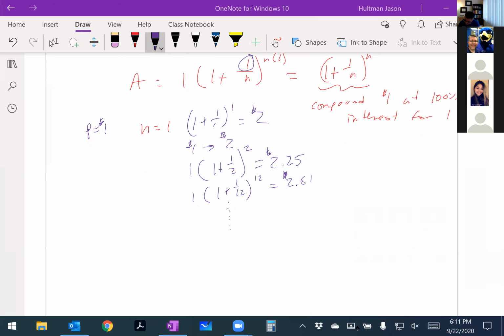This is not right. Is it froze? Don't freeze on me. Technology, I love it. Yep, it froze. Sorry about that. Okay, let me reboot my computer.